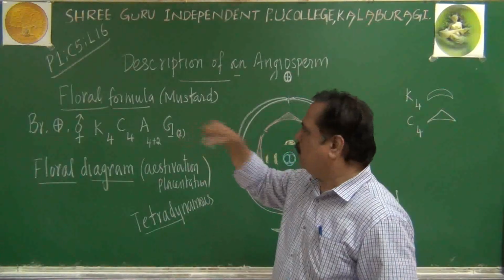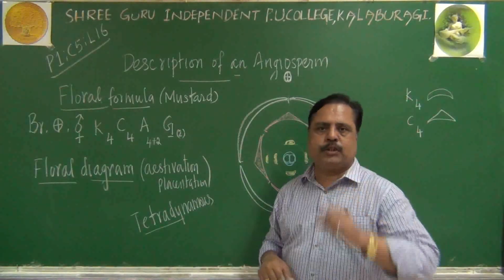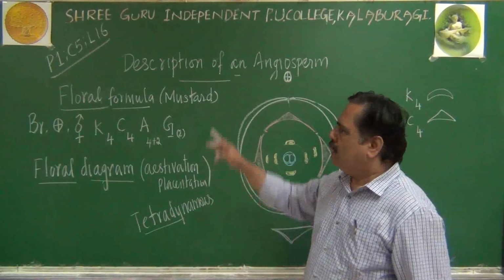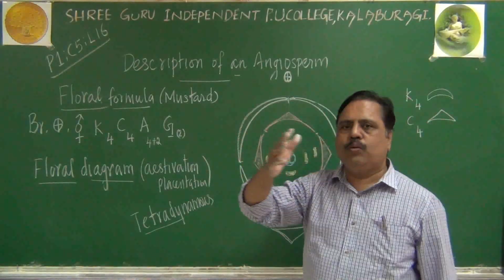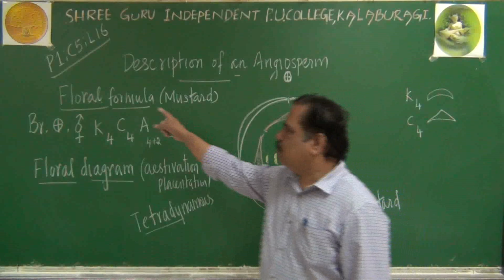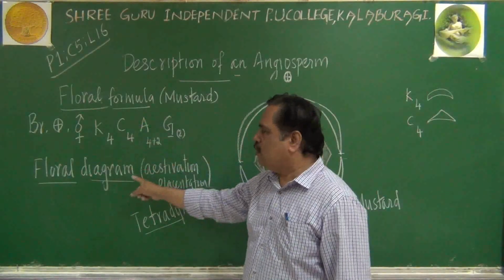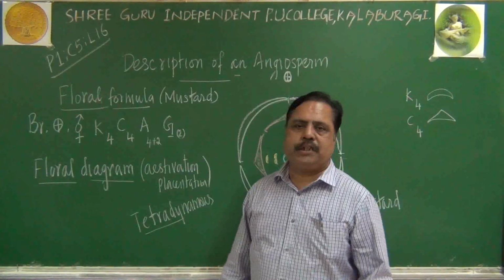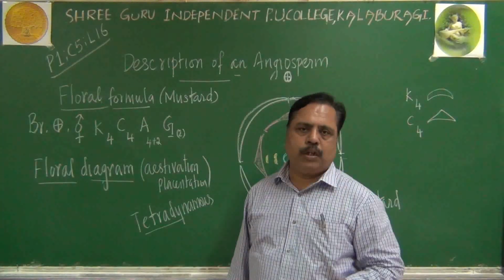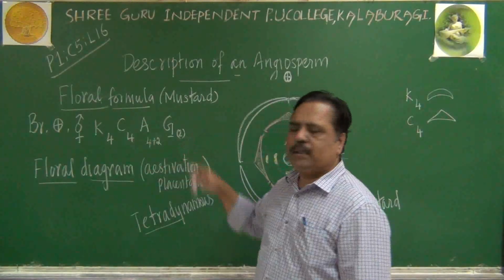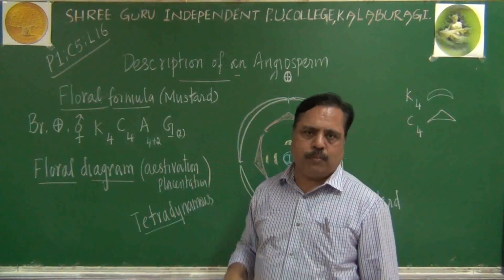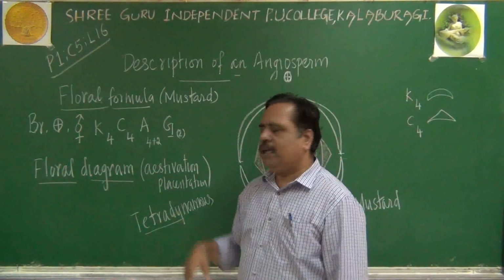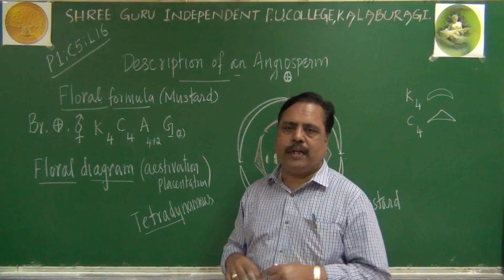Then we have seen the description of an angiosperm flower. A flower can be described with 2 techniques: one is using symbols, another is using drawing. Symbolical representation is called floral formula. I told you the steps involved in writing a floral formula. Then diagrammatic representation is called floral diagram.